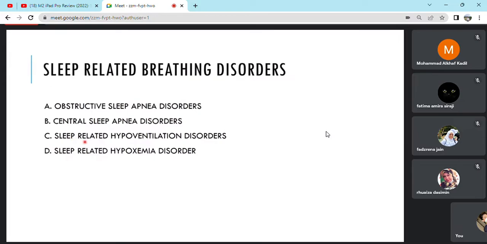So that is classified under sleep-related hypoventilation disorder. And then, of course, you have sleep-related hypoxemia disorder. So again, as I've said, we will be concentrating our discussion on OSA, which is one of the most common sleep-related breathing disorders.